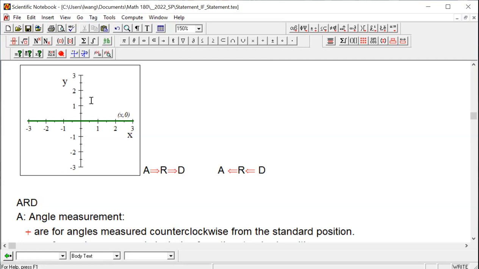All the questions we're dealing with, in this life of mine or your life related to trigonometry, are either A to D or D to A. No exception, at least I haven't seen one, and I've been to graduate schools. If you've seen one, let me know. I'd like to know.